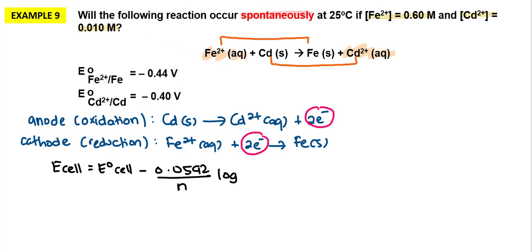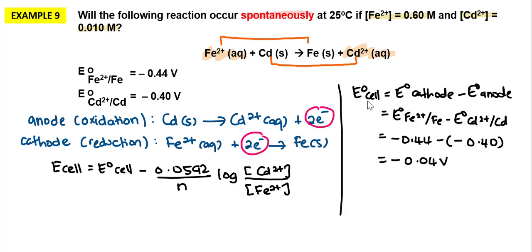Since we only have the aqueous phase in this reaction, log concentration of Cd2 plus, which is our product, to the power of 1, divided by concentration of Fe2 plus to the power of 1. So substitute the value. Before that, we need to find the E naught cell. So our E naught cell is negative 0.04 volt.